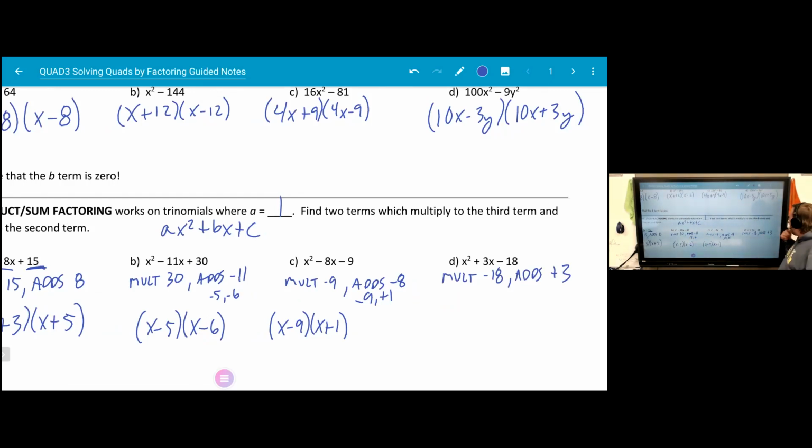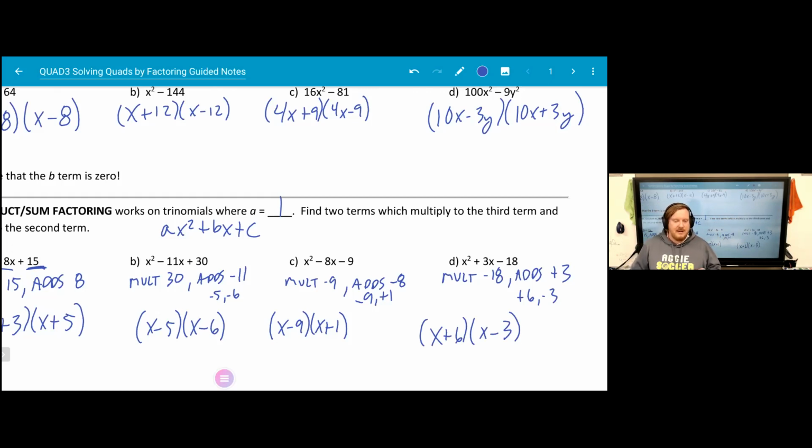And let's see here. How about, let's see, 2 and 9's not going to work, but how about 6 and 3? If I do +6 and -3, that adds to +3 and multiplies to -18. What we would have here is x plus 6 times x minus 3. All right, that's product and sum factoring.